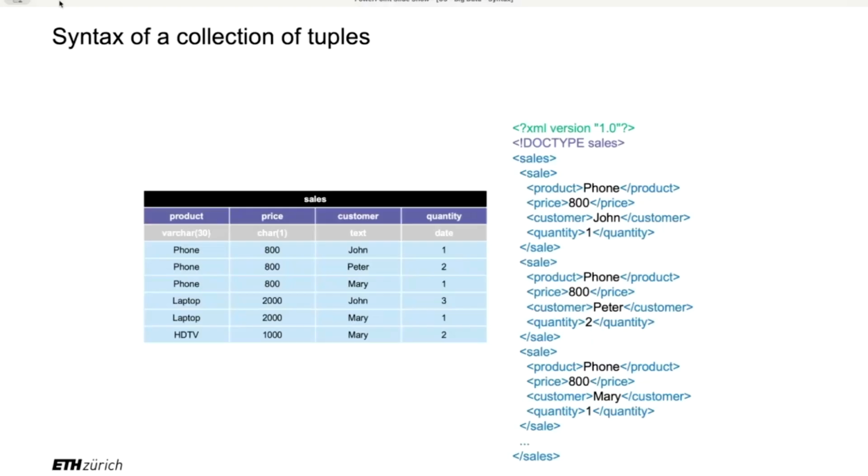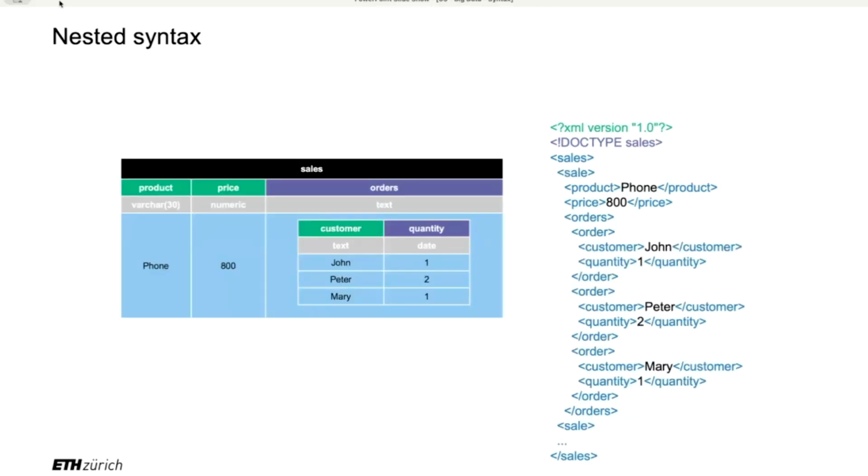Very good. So the next step is nestedness, because at that point we could use attributes, and attributes would also work just fine within sale. So product, price, customer, and quantity could be attributes in the sale elements. But if we have a table in a table in a table, in JSON we saw that we just put objects in arrays in objects in arrays.